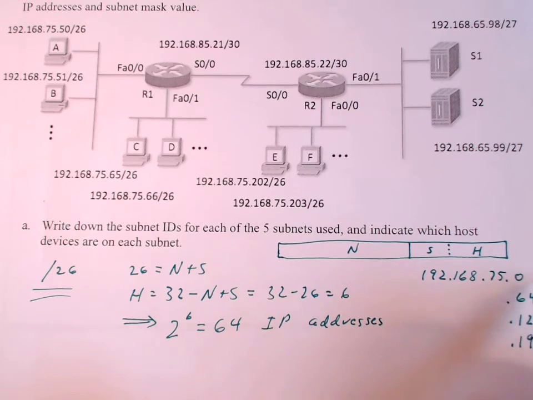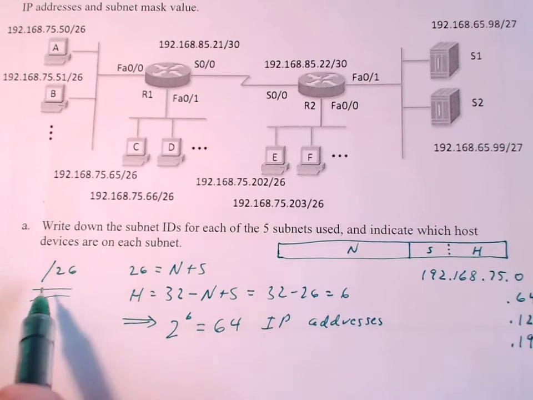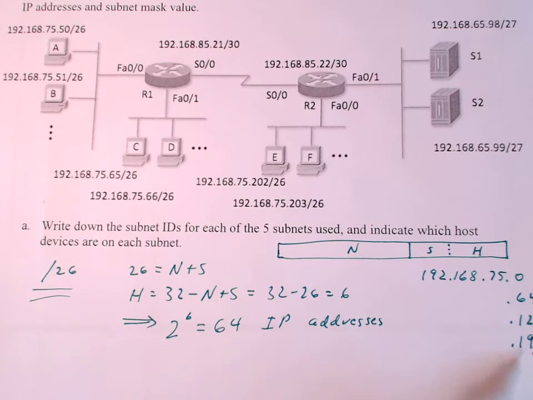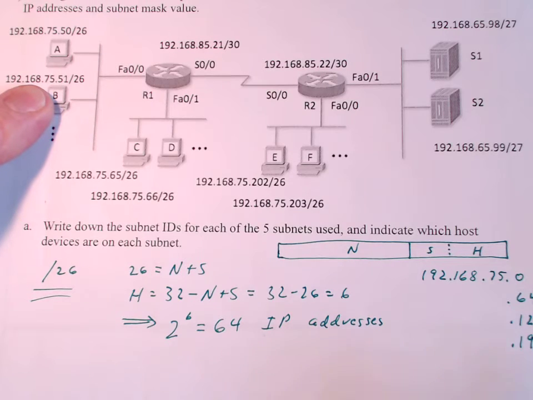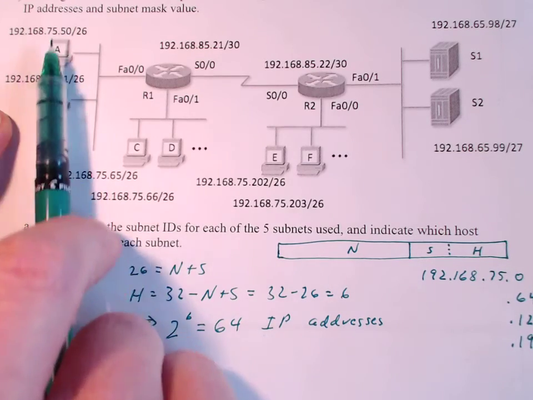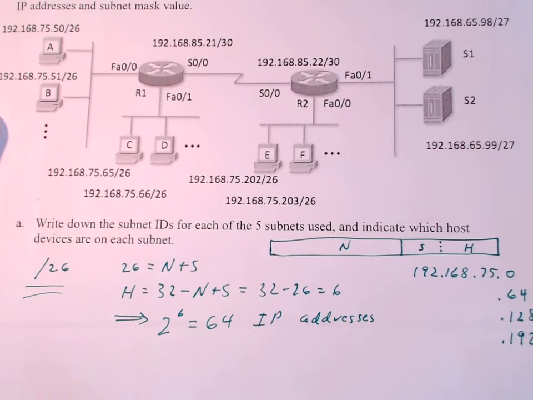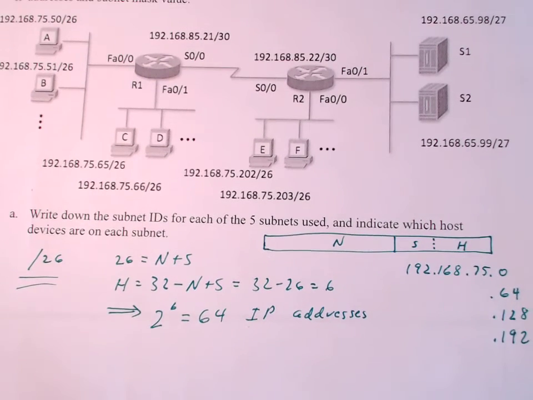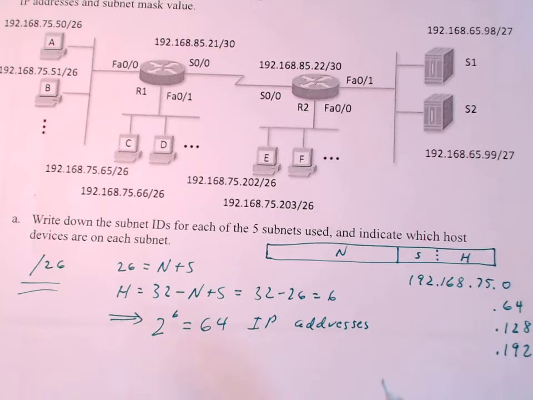And so these are going to be the 4 /26 networks in the 192.168.75 Class C network. And so the question is now, which of these 4 subnets are these 2 hosts in? Oh, shoot, you can't see it. Sorry. Okay, there you can see them now. So those are the 4 subnetworks.